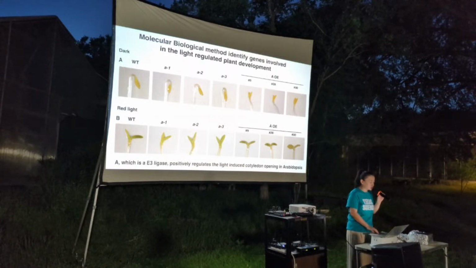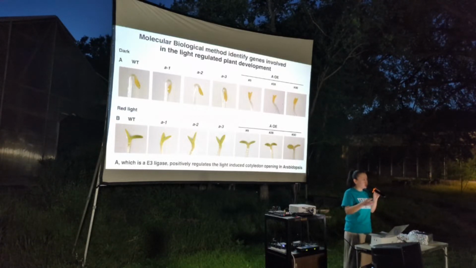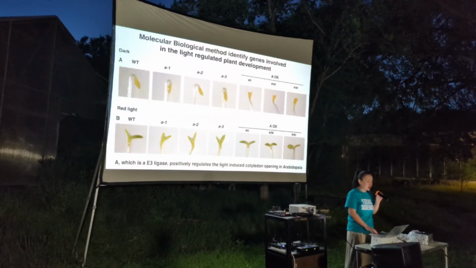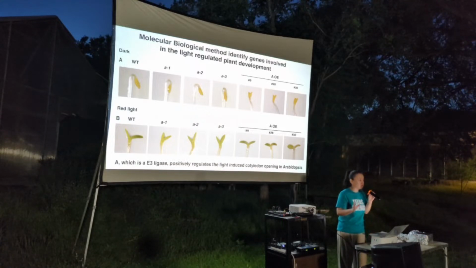Those seedlings show the same phenotype compared with the wild type. But when we give more A gene into those seedlings, we express more A gene, these seedlings, you can see, have an open cotyledon and an opened apical hook.